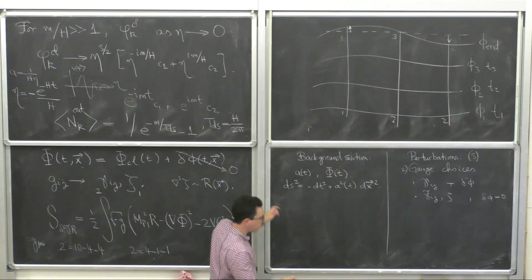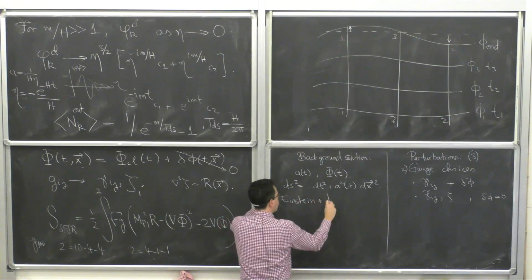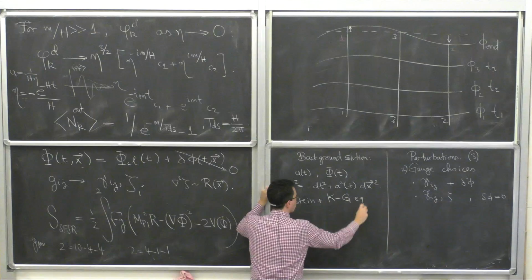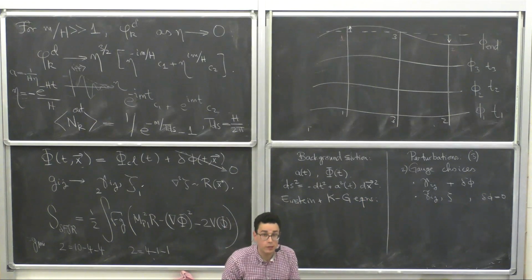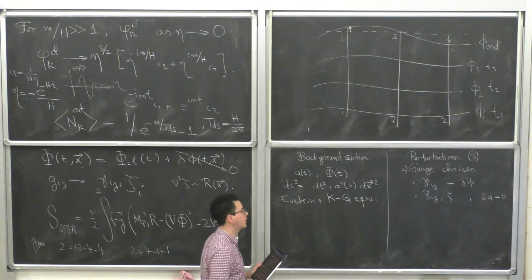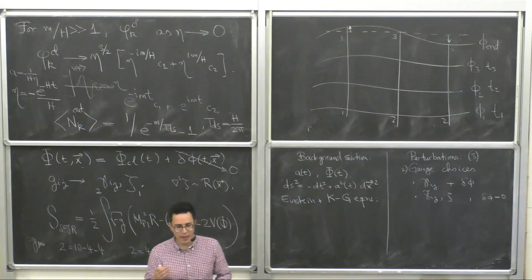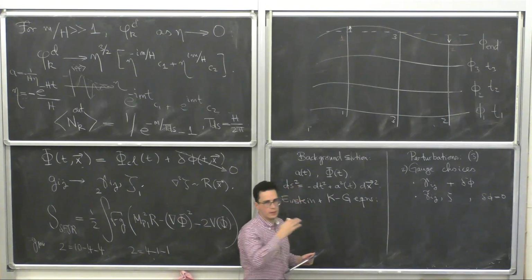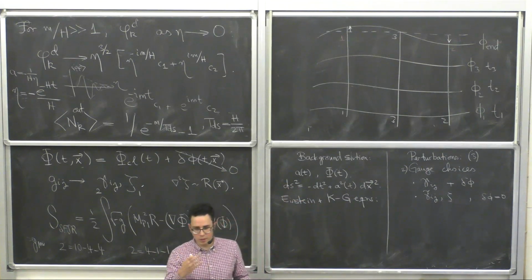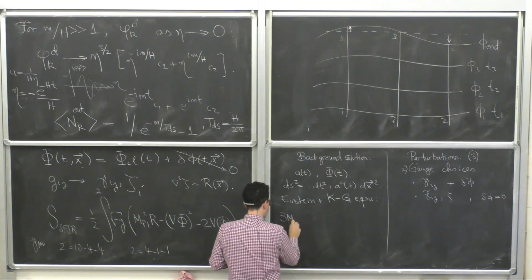So the Einstein plus Klein-Gordon equations give you, well, there are 3 equations, of course, 2 Einstein equations, if you wish, 0-0 and 0-i Einstein equations, and the Klein-Gordon equation, but there are really 2 equations. The third one is automatic. So they look like this.